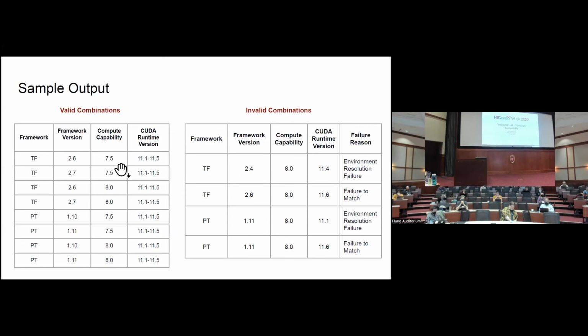On the right, we have some invalid combinations that didn't work, such as TensorFlow version 2.4 trying to run on compute capability 8.0 with CUDA runtime version 11.4. We can see that the reason this failed is there was an environment resolution failure. So for some reason, Conda couldn't resolve this environment. And then here are some examples of jobs that just weren't able to find the resources that were requested.